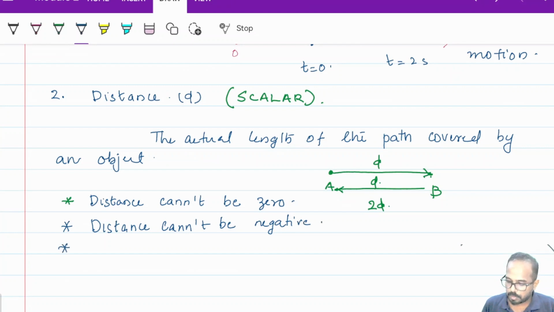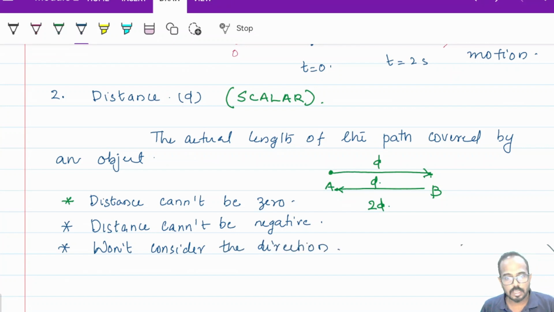Third point you need to remember, it won't consider the direction. Okay. These are the points you need to remember related to the kinematic variable distance.